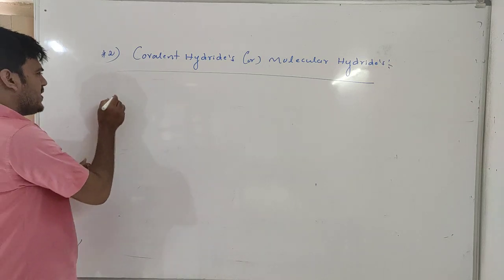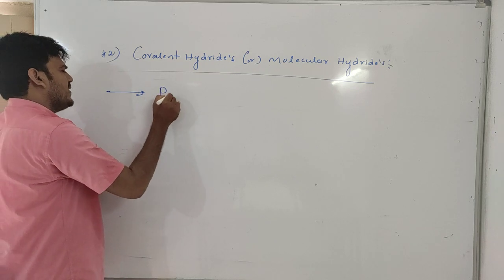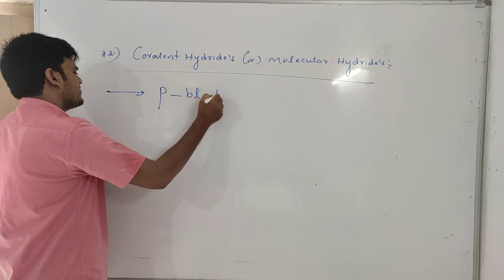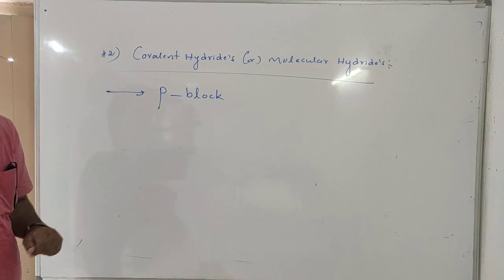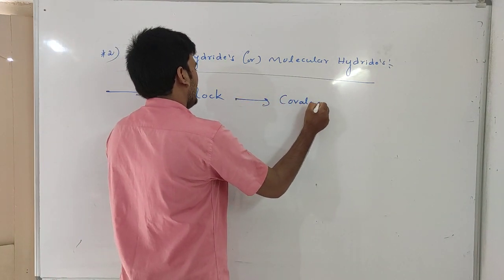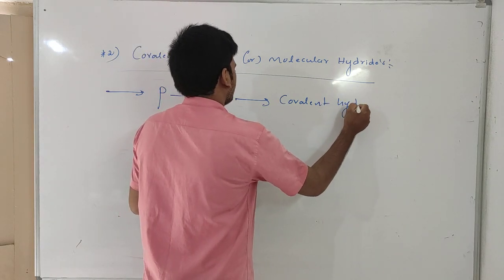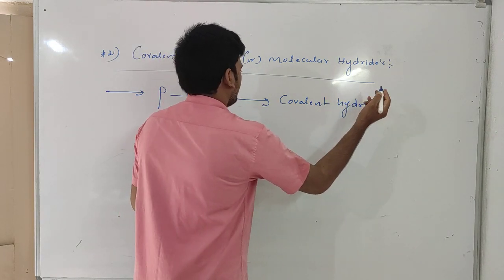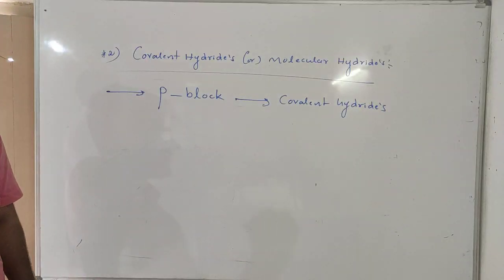So most of the P block elements form covalent hydrides.